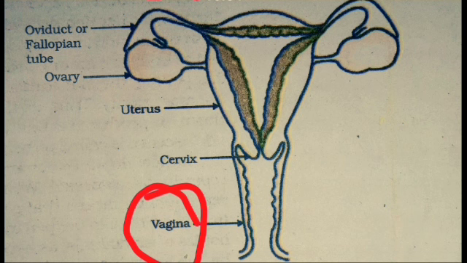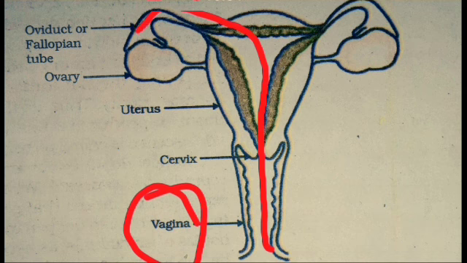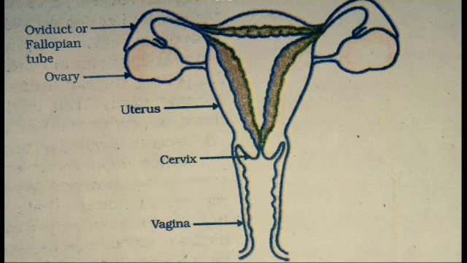This is the first step of sperms entering the female reproductive system. Then the sperms travel towards the fallopian tube. This is the fallopian tube, means this passage is taken by the sperms and they travel from here to the fallopian tube and finally reach the ova and fertilize it.